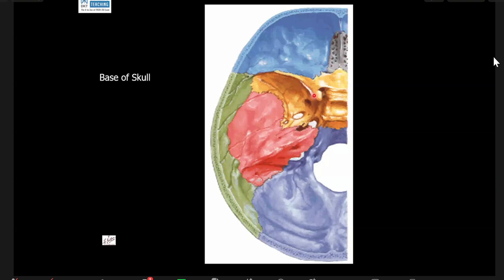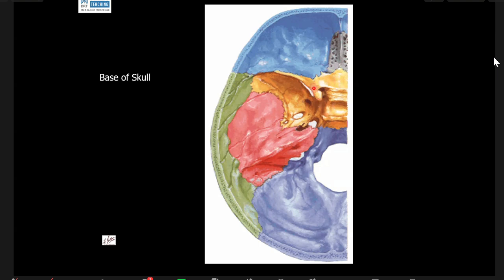Take home point is that the superior orbital fissure connects with the intracranial cavity. Optic foramen also connects with the intracranial cavity, but the inferior orbital fissure connects with the pterygopalatine fossa. So it is not visible here.